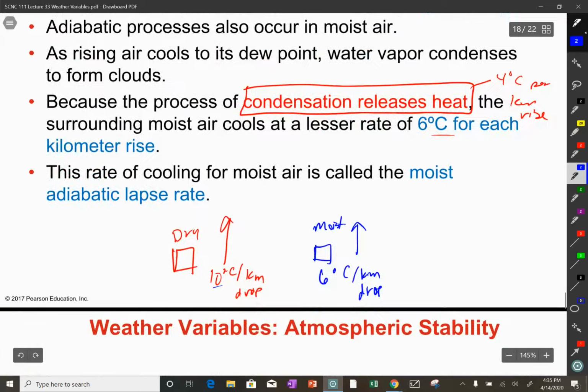So if we look here, if you have dry air, it's cooling faster than the environment.